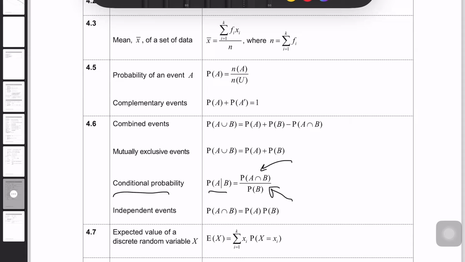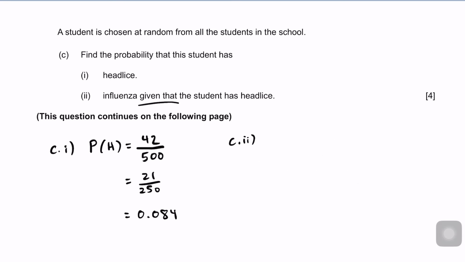So let's try to unpack what that means. In this case, we're asked to find the probability that a student has influenza given that they have head lice. Let's use intuition first, and then we can use the formula. What I like to do for these kinds of questions is read it from the back to the front.